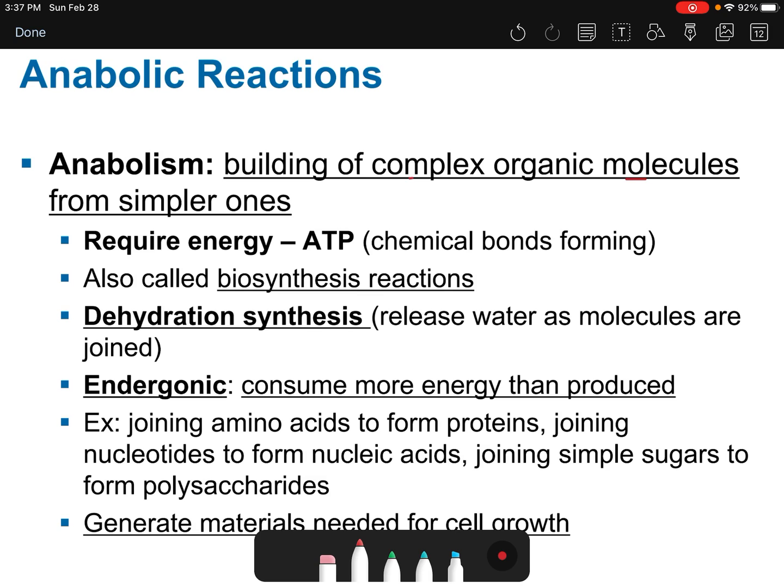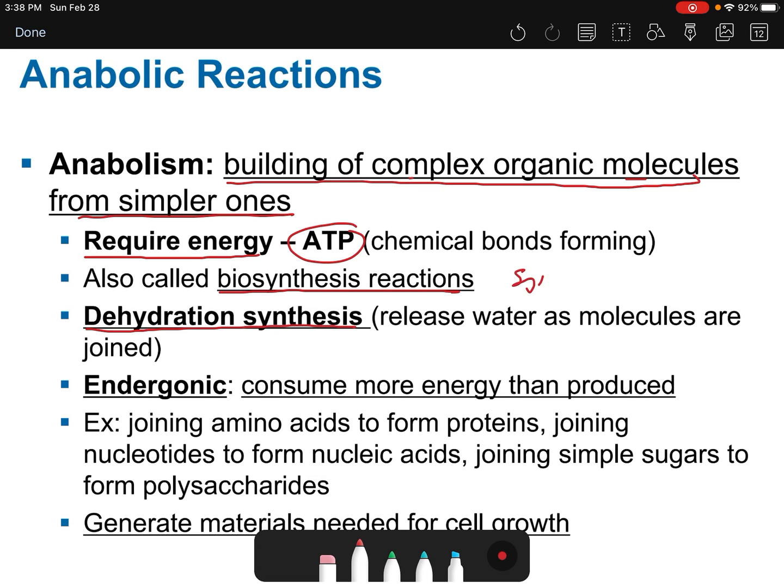So anabolism is the building of complex organic molecules from smaller ones. So now we're joining together smaller molecules to form a larger, more complex organic molecule. But in order to do that, we require some input of energy in the form of ATP because we're forming those bonds. These are also called biosynthesis reactions or dehydration synthesis reactions.